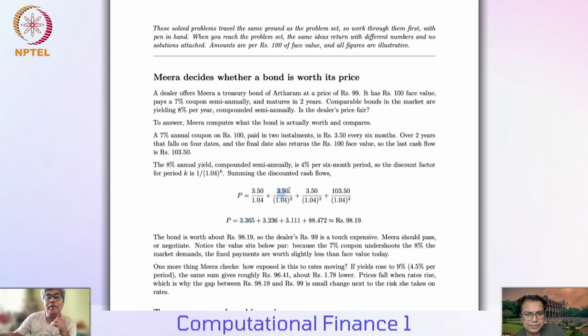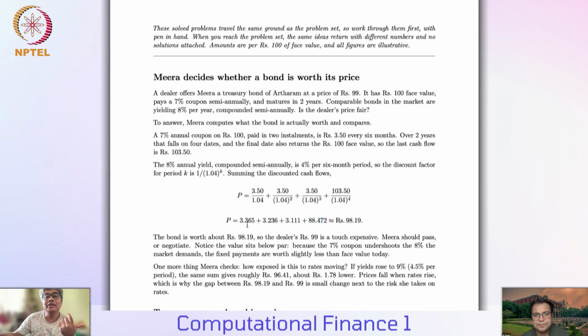And then the 3.5 rupees that I'm going to get 1 year from today, the current price of that future payment is 3 rupees 23 or 24 paisa. This is the current price. 3.5 is 3.11, and this 103 rupees that I'm going to get 2 years from today has a current price of 88 rupees 47 paisa.